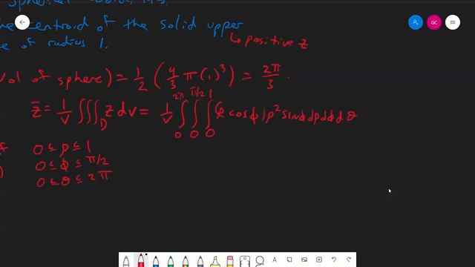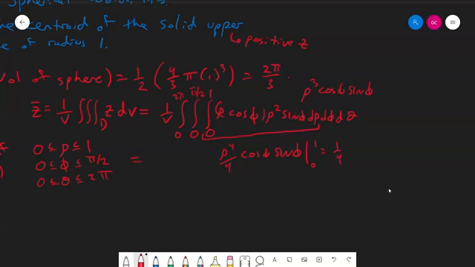Okay, so let's keep going. For the inside integral, all this together is rho cubed times some non-rho stuff. And when I integrate that with respect to rho, you'll get rho to the 4th over 4 times cosine phi sine phi.